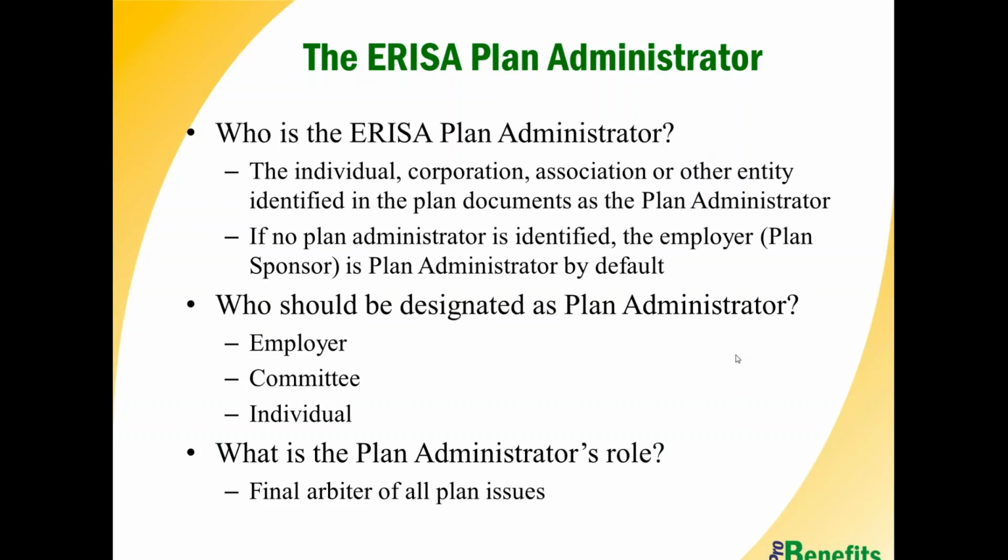The place to check, as I mentioned, the ERISA plan administrator is the individual identified in the plan documents, so you would start with your plan documents. You would first look at the plan legal document and then also the SPD, your summary plan description, to see if a plan administrator is named.